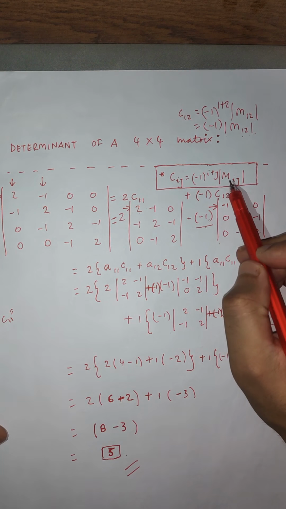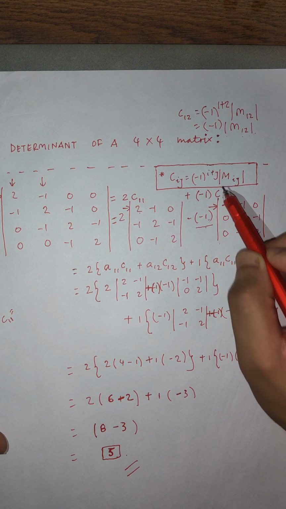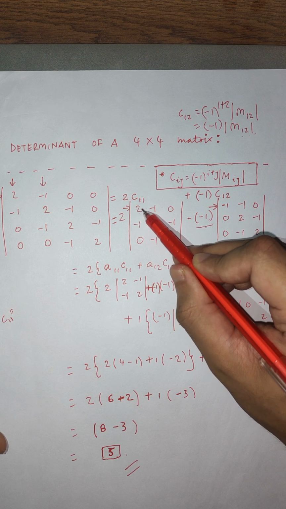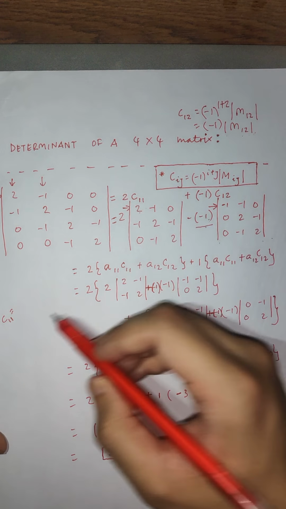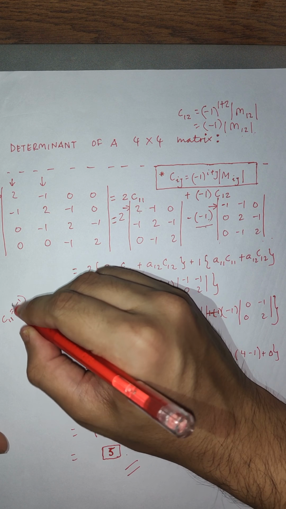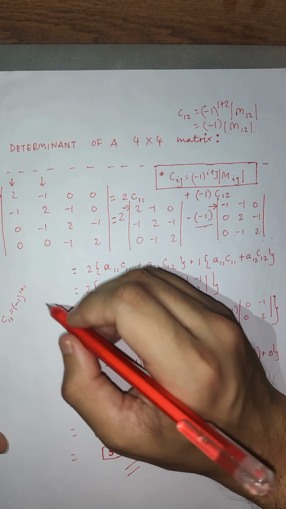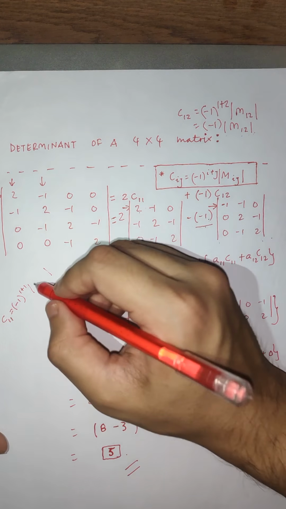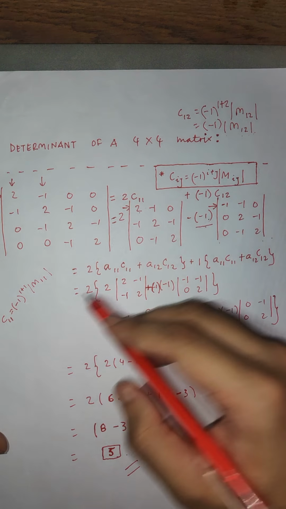So as per this formula, I apply this formula to find out the cofactor for this position. So C11 is equal to -1 to the i plus j, 1 plus 1, and then the determinant of submatrix capital M11.